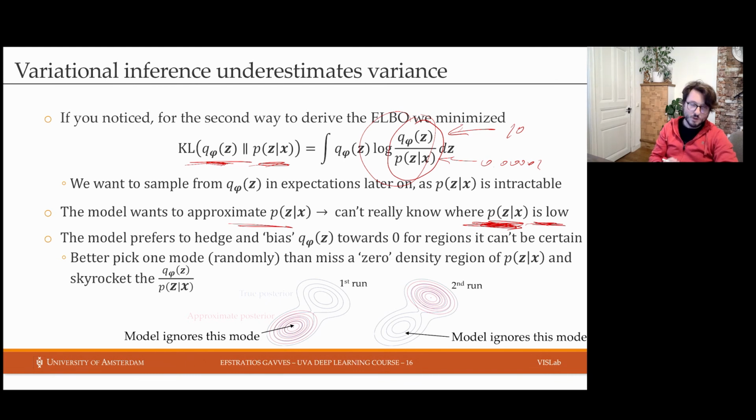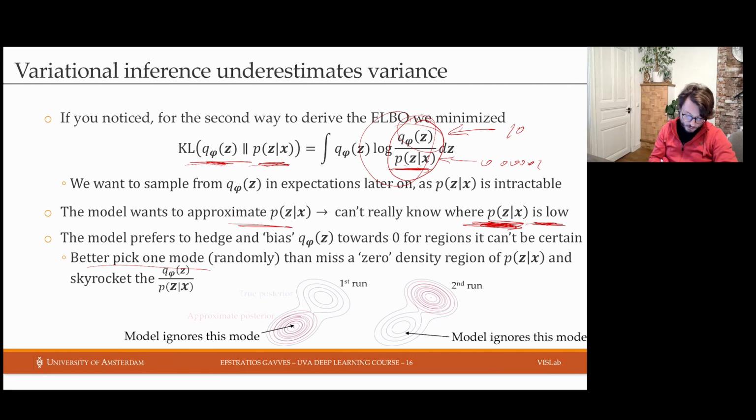So what the model implicitly does is prefer to pick a single mode for which it knows that there is enough density around for the P of z given x, so that the denominator is always large enough, and any mistake it makes will not cause the ELBO to skyrocket the ratio. This is why variance is underestimated.